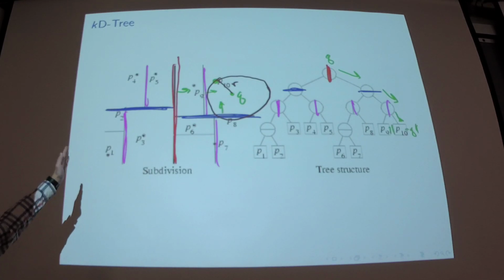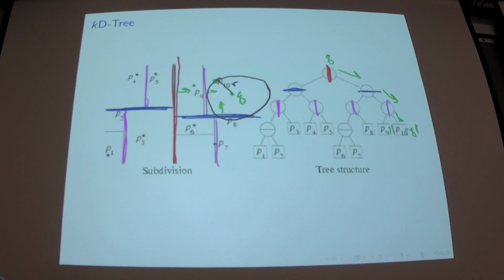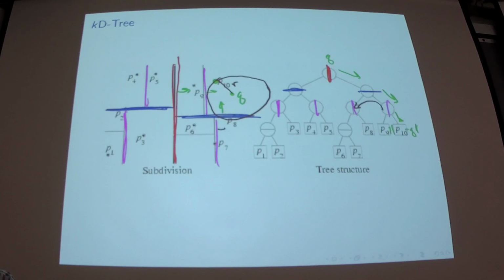It doesn't cross over the pink boundary, so I know P9 is not closer. But it crosses the blue boundary, so I have to check down this tree again. Did it also cross over this pink line? No, it's all the way over here, so I can go down in this direction.